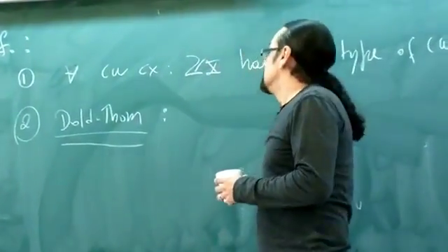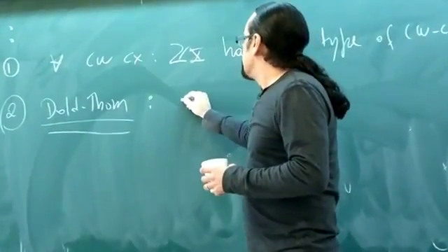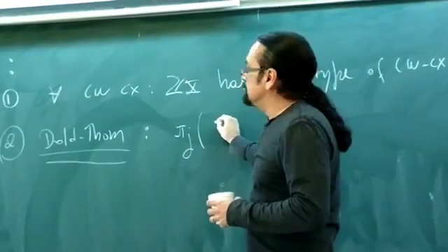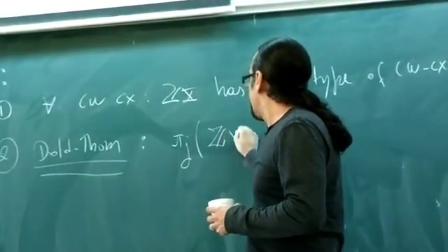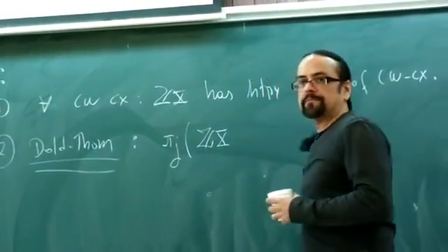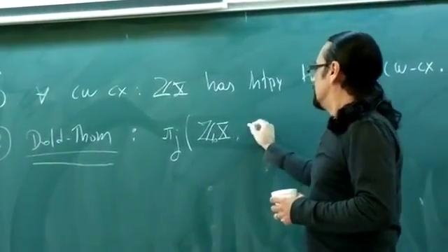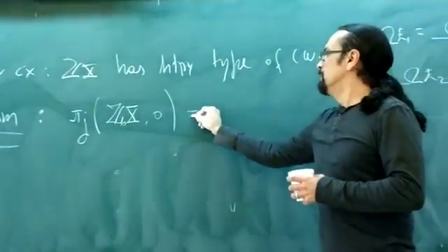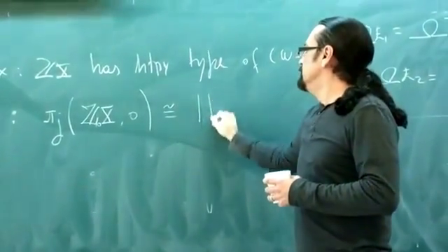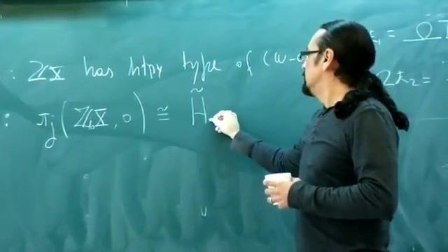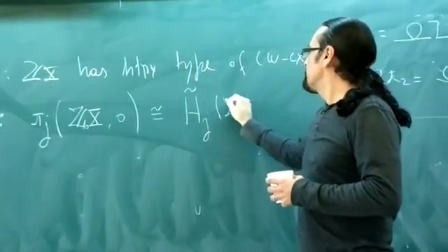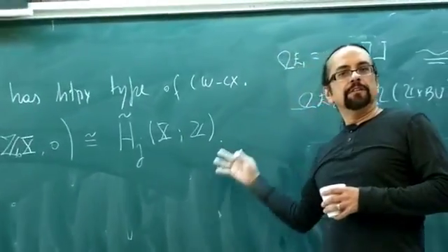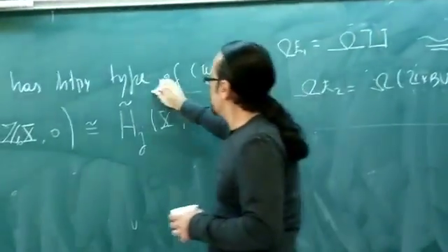But the Dold-Thom theorem says that if you take the homotopy group pi j of this group here, if you put this 0 here, based at 0, this is isomorphic to the reduced homology J of X with coefficients in Z. So this is a very, very, very beautiful theorem.